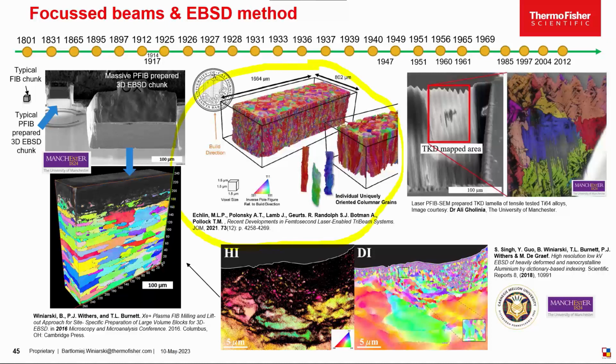Such a large volume gives a lot of crystallographic information that is representative of the bulk volume. The data is impossible to obtain in a timely manner by other 3D data collection techniques. The example top right shows a TKD map of a large electron transparent Ti-64 lamella prepared with a femtosecond laser.